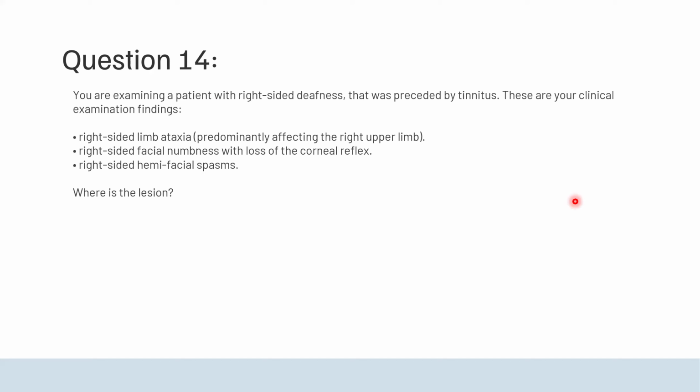So, and I'll add it to the slides later. Pons. Okay. Lateral or medial?